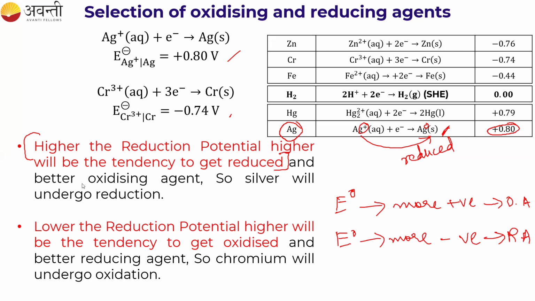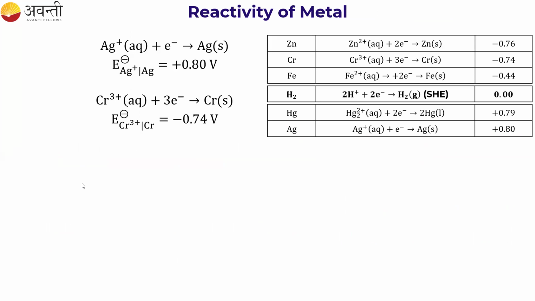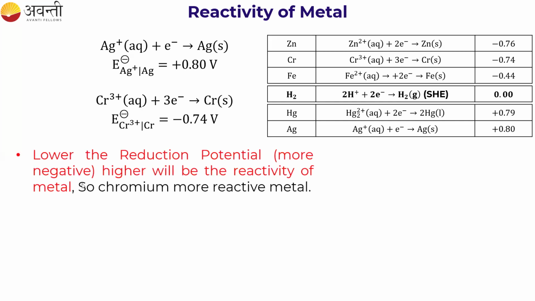Okay. Now next coming to the reactivity of metal. I'm going to take the same 2 reactions with silver and chromium with their E naught values. Now we are going to see which metal is more reactive. We have already studied that lower the reduction potential, that is more negative, higher will be the reactivity of metal.